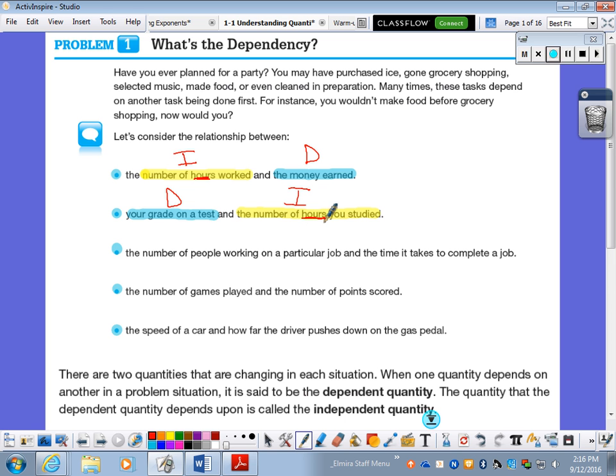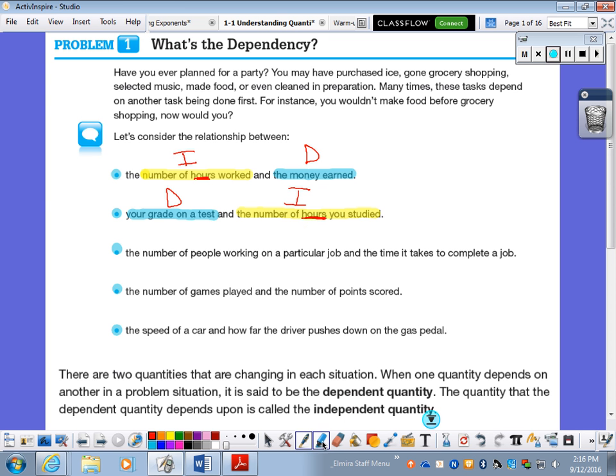Again, we've got time in here. That's almost always, 99% of the time, going to be the independent variable.